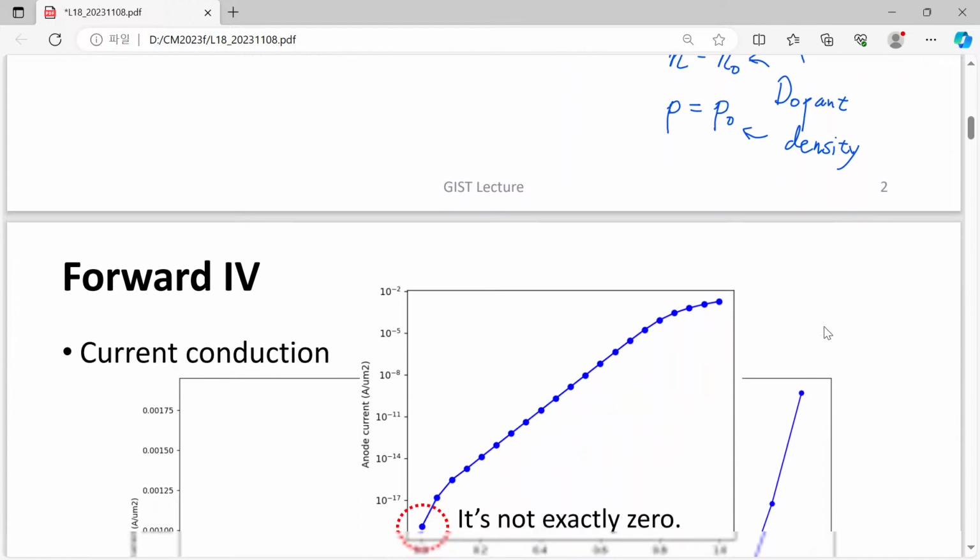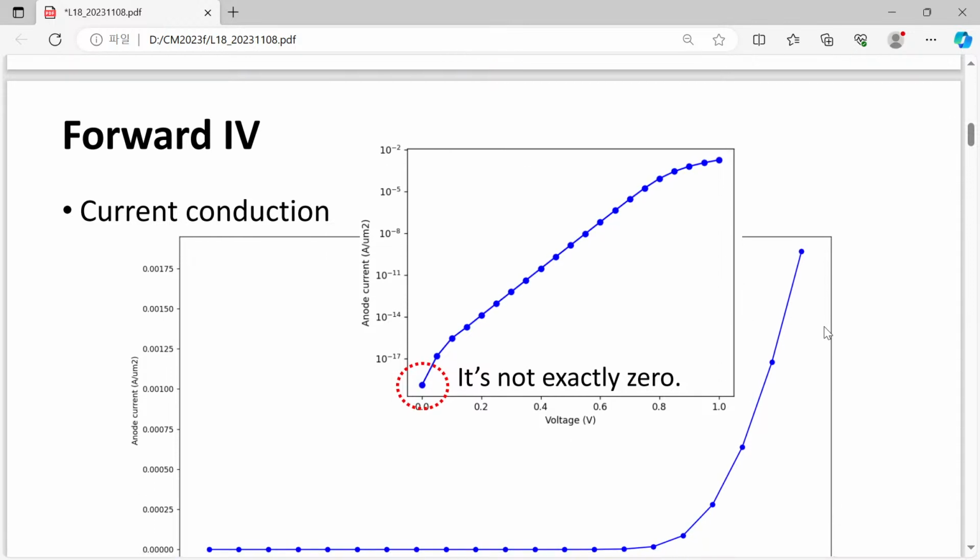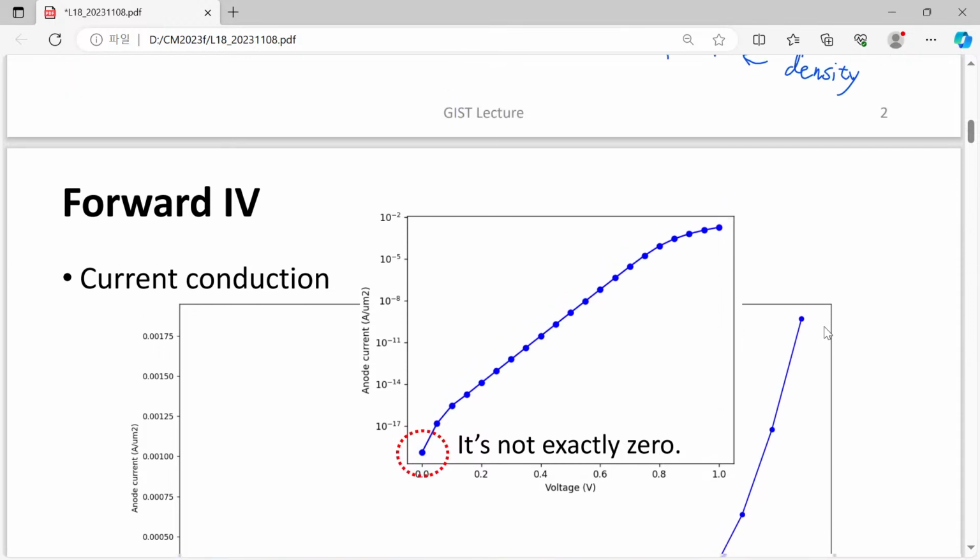So now let's have a look at the result of the simulation.